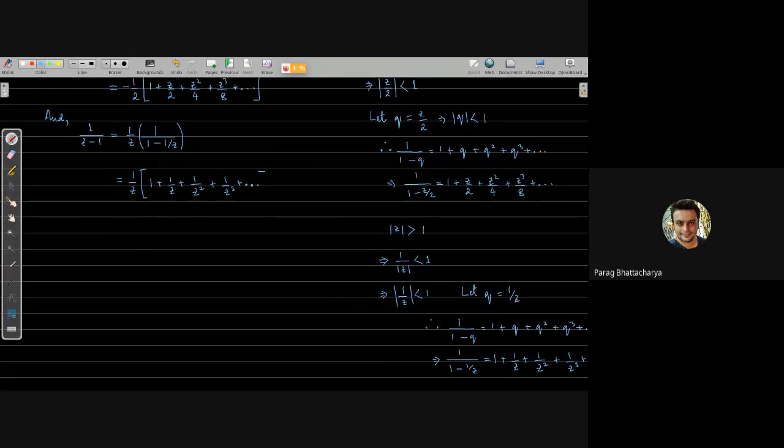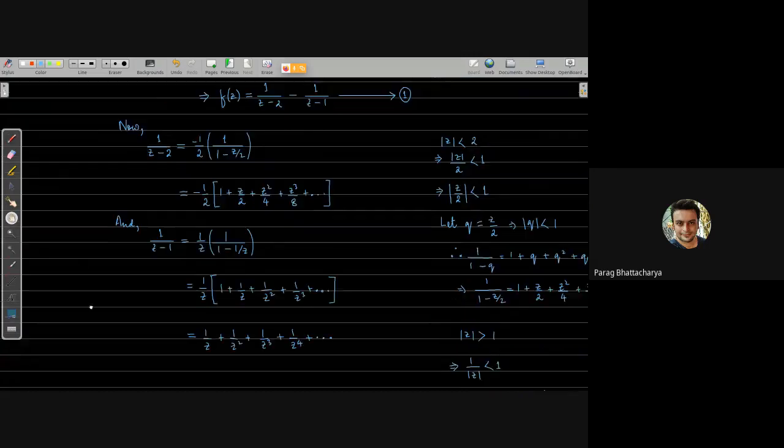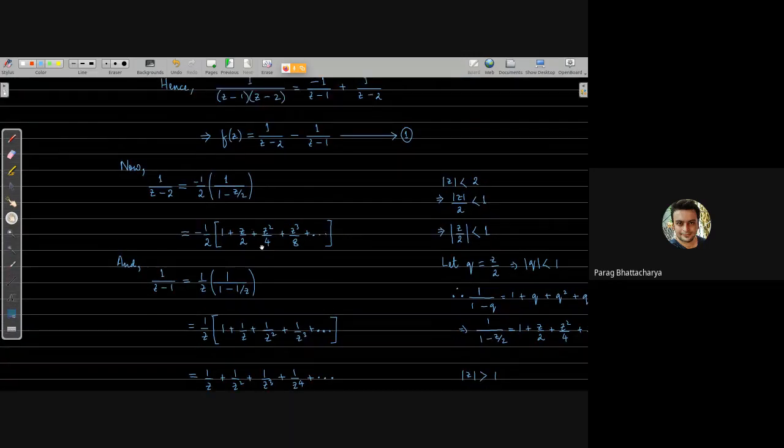That is easy, because if I take this 1 by z inside, 1 into 1 by z is 1 by z, 1 by z into 1 by z is 1 by z square, 1 by z square into 1 by z is 1 by z cube, 1 by z to the power 4, and so on. So this is what we have. So 1 by z minus 2 is this, and 1 by z minus 1 is this.